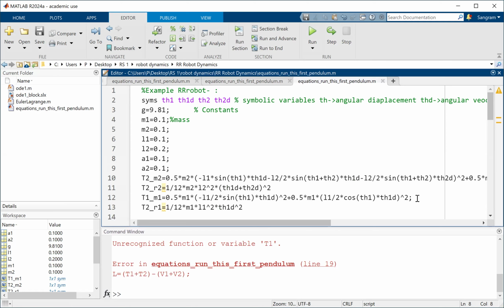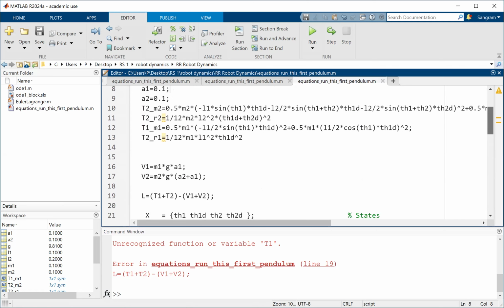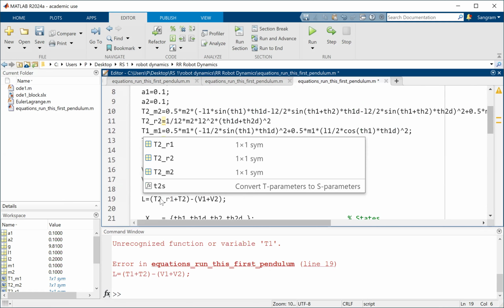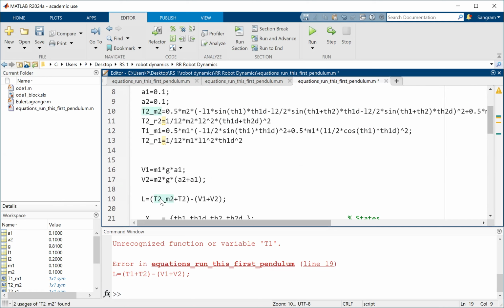Oh yeah, I made a mistake here because I need to change T2 underscore M2 plus T2 underscore R2 plus T1 underscore M1 plus T1 underscore R1.